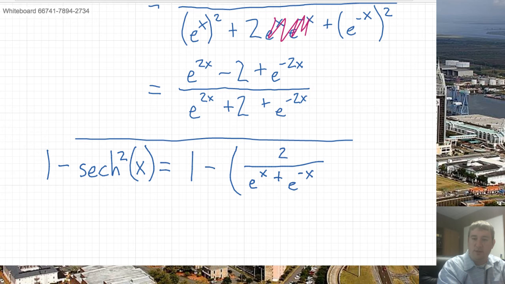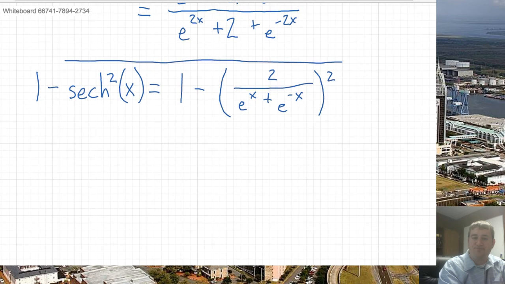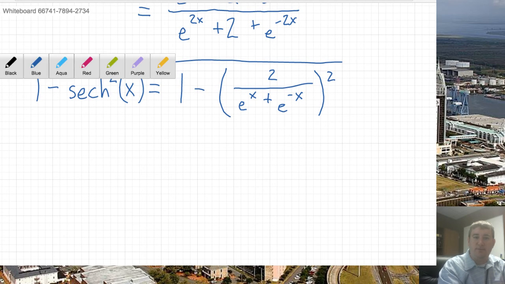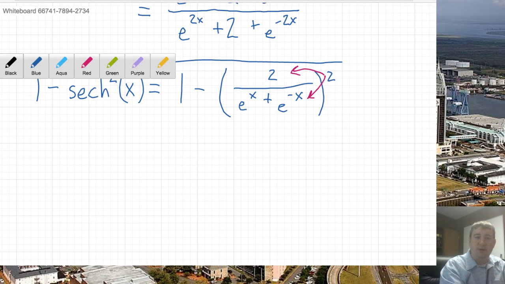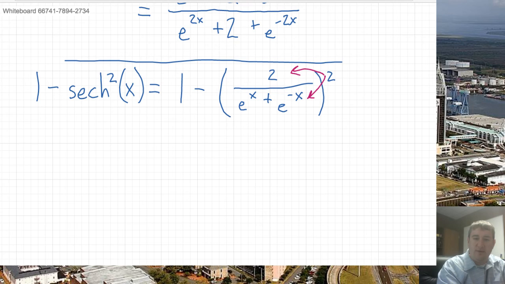That's the formula that we introduced earlier. It's just the cosine hyperbolic flipped. And then I'll expand that out. I'll, of course, square the top. That's easy. And we squared the bottom just a moment ago. I've got 1 minus 4 on top divided by, on the bottom, e to the 2x plus 2 plus e to the negative 2x.